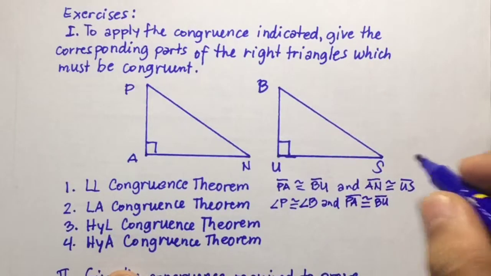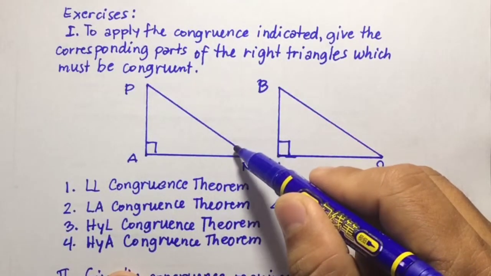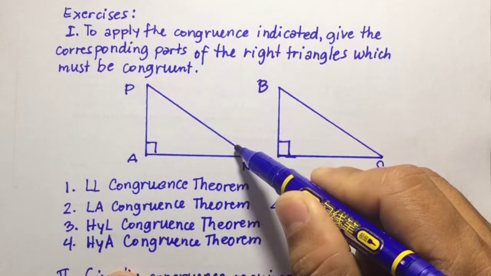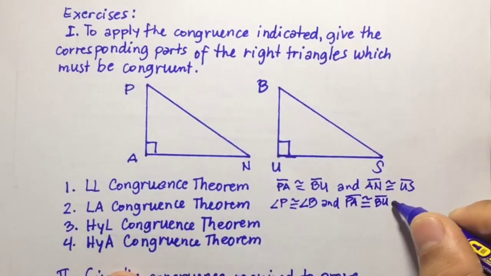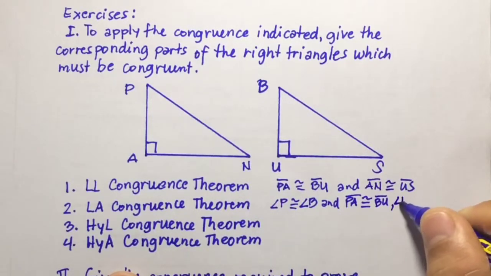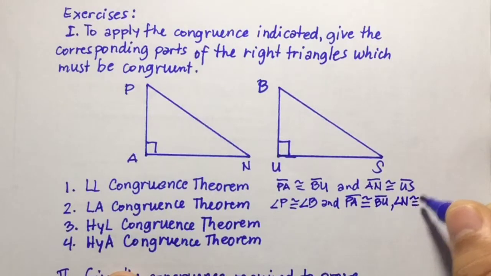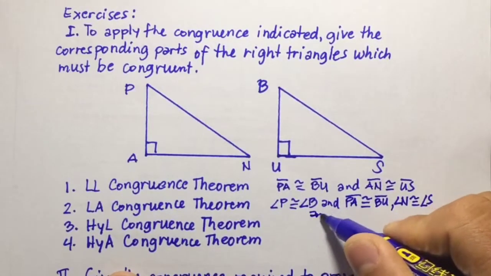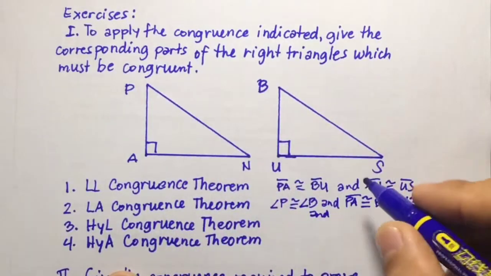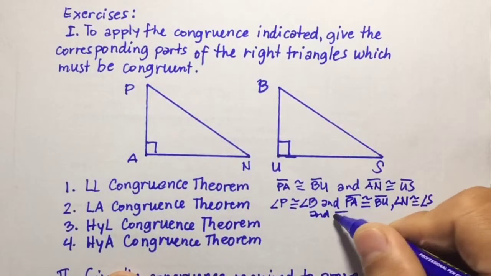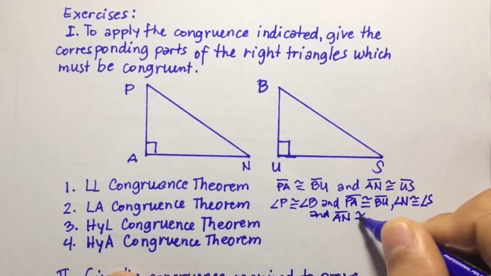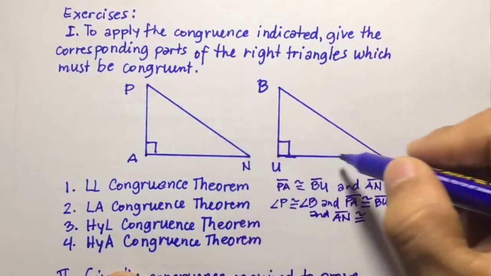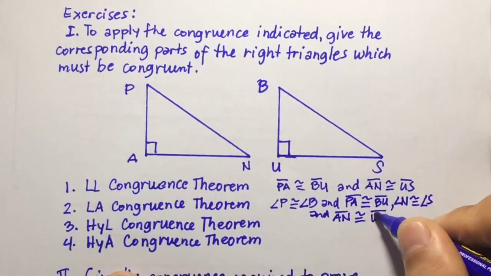Or we can have another solution here. We can have angle N congruent to angle S, and line segment AN congruent to line segment US.